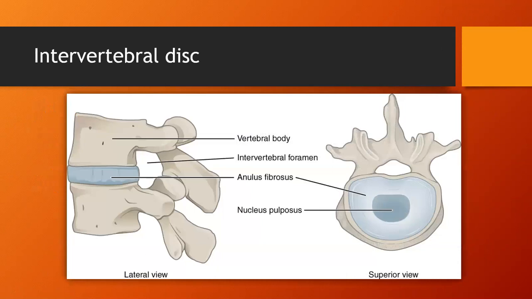All right, so we are at number 10. The intervertebral discs are cushion-like pads composed of 2 parts. List these parts and their functions. So the 2 parts, as listed here, are going to be the annulus fibrosus.